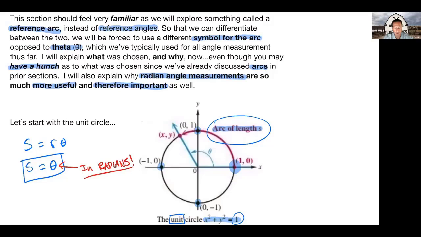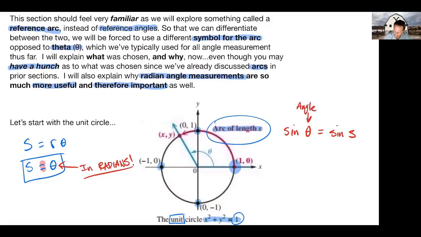So we know that the angle theta in radians is equivalent to our arc length. So if we wanted to write sine of theta in radians, we could say that that is equivalent to the sine of S. And that, my friends, is the big difference in this section from the ones that we've previously worked on.